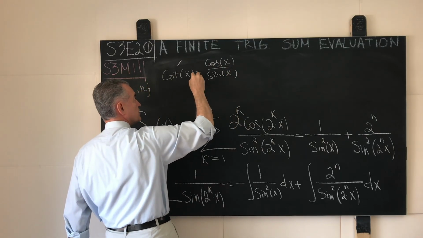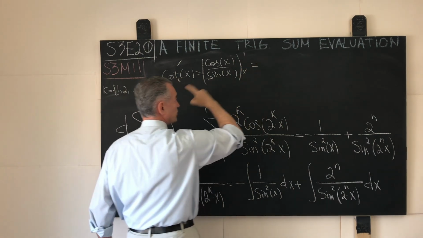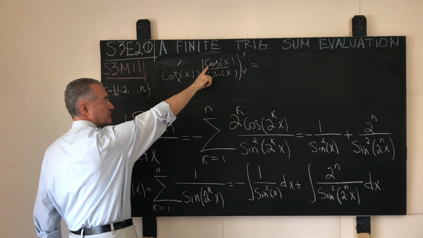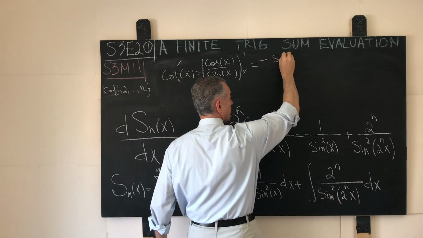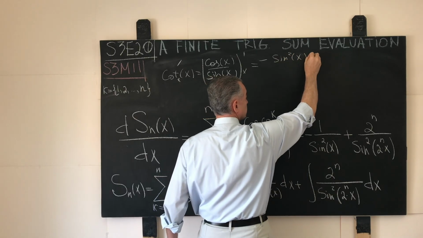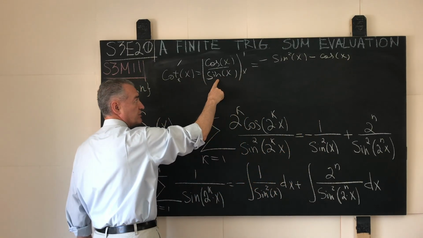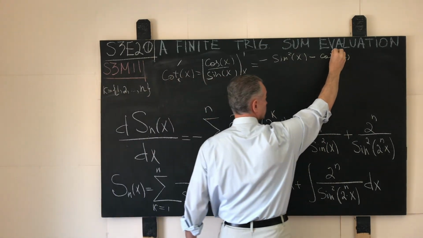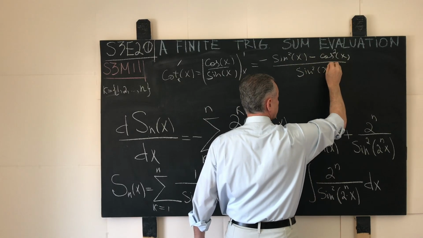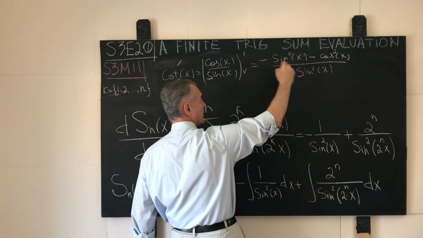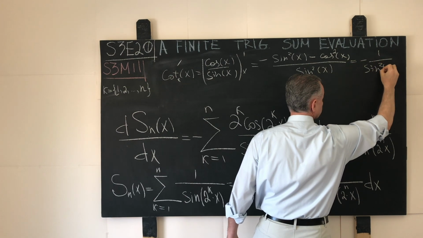Then we differentiate this whole thing over x using the rule that I just said. The first derivative of cosine is negative sine times sine is negative sine squared of x minus cosine of x times the first derivative of the denominator, cosine. This becomes a square divided by sine square of x, minus 1 factored out. So this becomes negative 1 over sine squared of x.